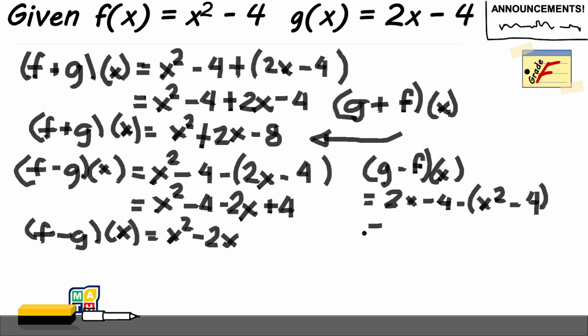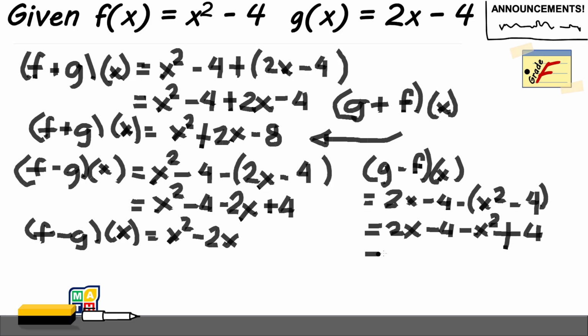And when you have something like this, that's 2x, still minus 4. Now your x squared becomes minus x squared. Just for this expression alone, notice the difference between this result and the result earlier. Earlier, it was positive x squared. Now, you will have negative x squared here. And of course, you will have here plus 4.